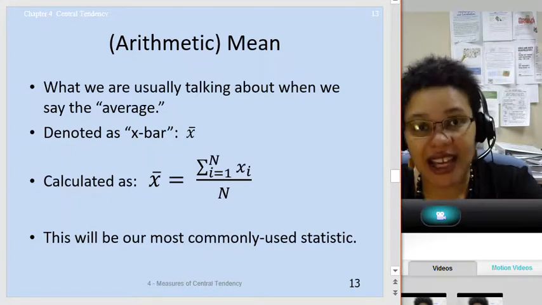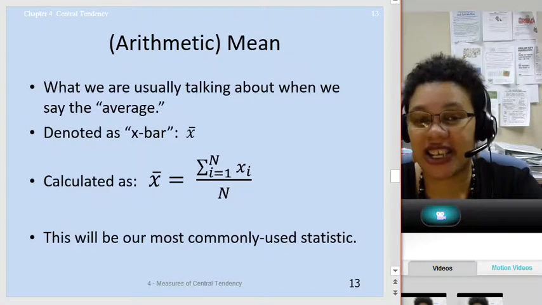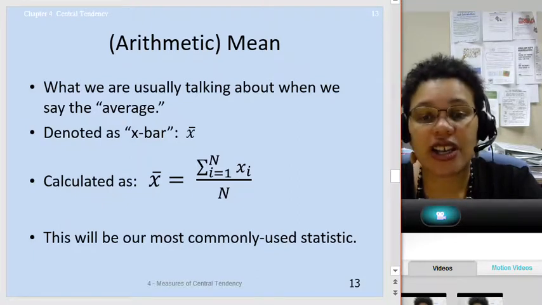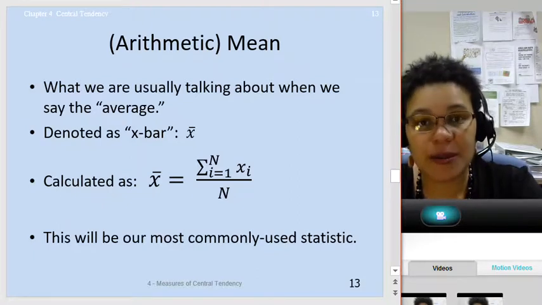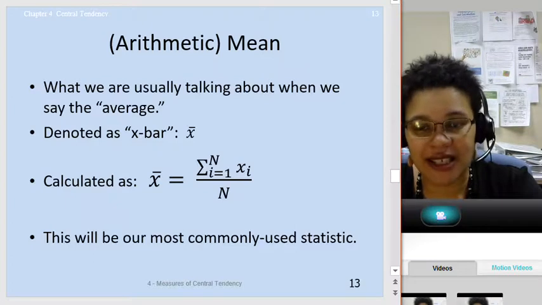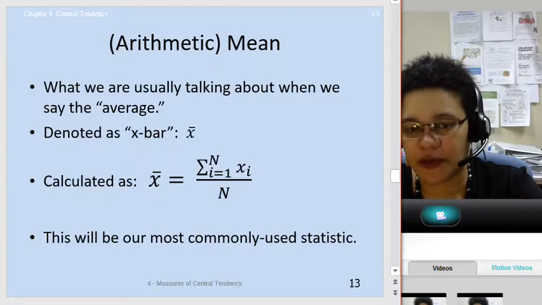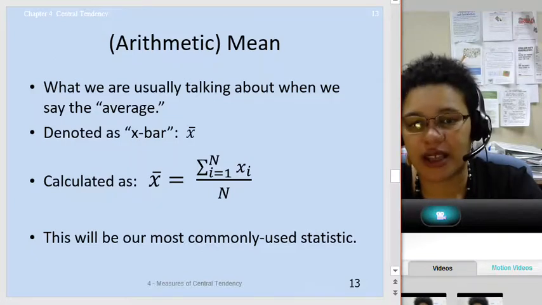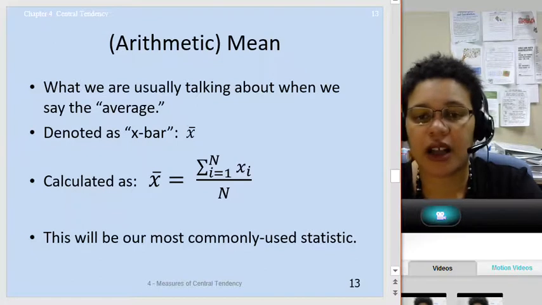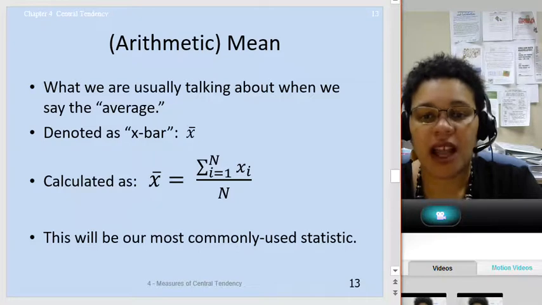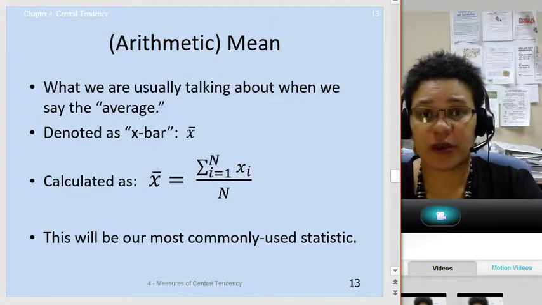And it's calculated as, remember I told you we're going to see that summation sign, x bar equals the sum of all the x sub i's: x sub 1 plus x sub 2 plus x sub 3 plus x sub 4, all the way to x sub n, whatever the number of items in your sample, divided by the number of items in your sample. The average, right? This is what we're used to talking about when we're talking about average.